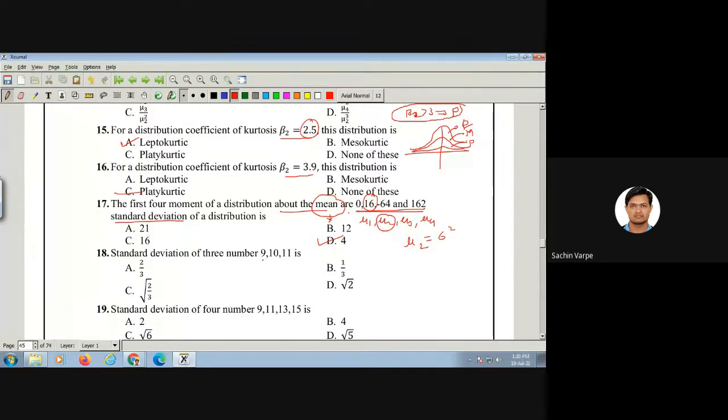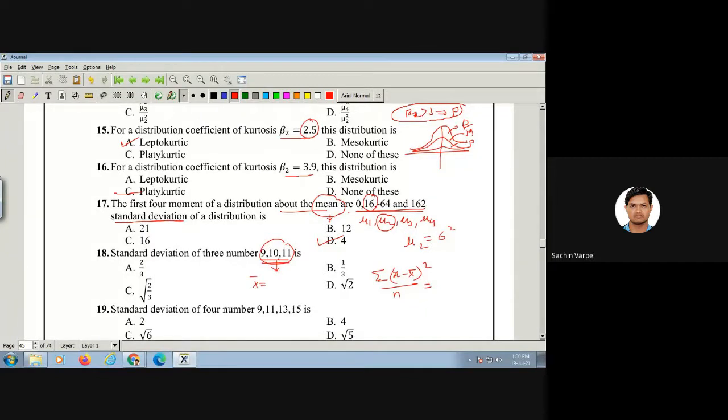Standard deviation of these 3 numbers. What is the formula of standard deviation? Summation of f, frequency is not given, summation of x minus x bar square upon n. N is 3. So we have to find its x bar.